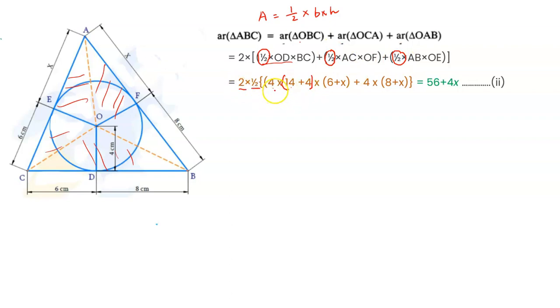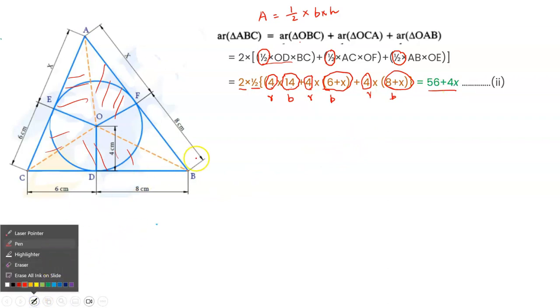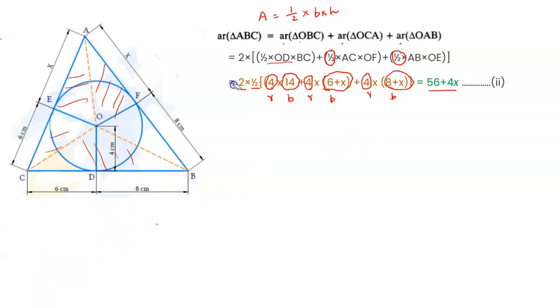OD, that will be 4, the radius, multiplied by 14. Again, this 4 is the radius and this is your base. Again, this is your radius, and this will be your base. Finally, you are getting 54 plus 4x. Clear with this? Now, if I erase this, it will be more clear for you.